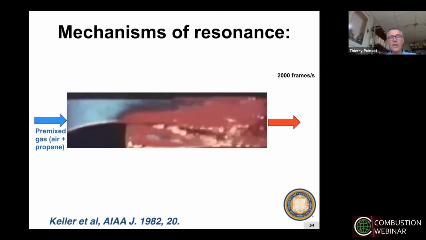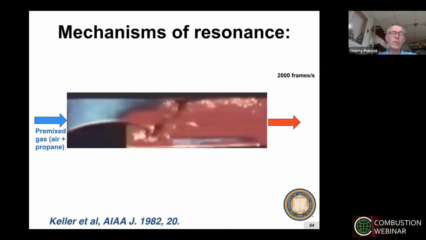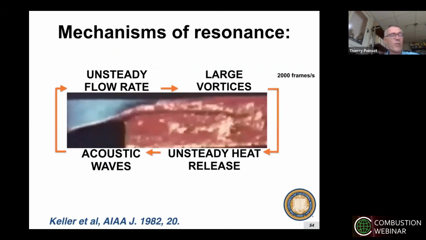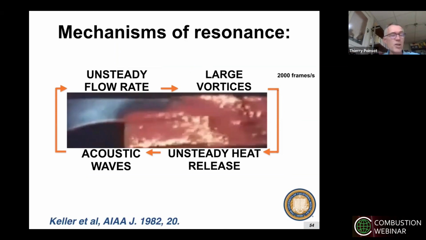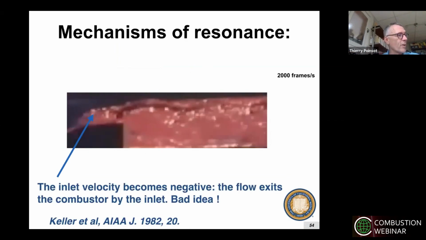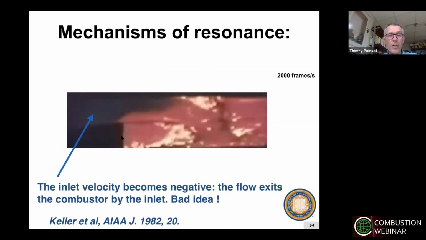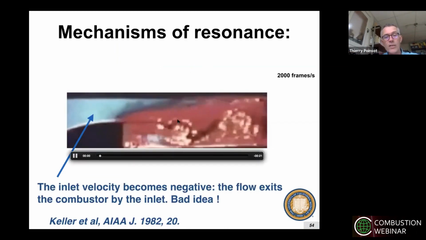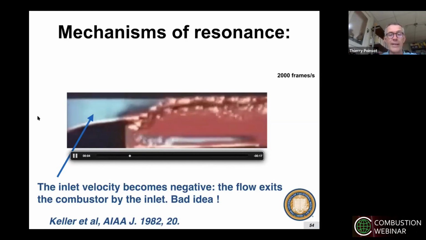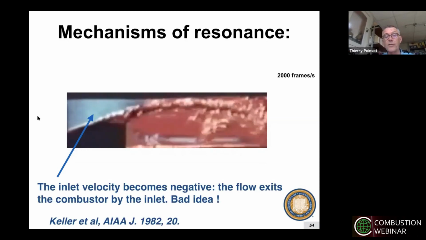We understand most of this stuff, and we know it's due to coupling between acoustic waves and flames. But basically, if you change the flame, you can enter into this kind of regime here where you see the flame oscillating a lot, even going to moments where the inlet velocity in a burner could become negative. So the burnt gases are leaving the burner by the inlet, which is, of course, a very bad idea. And all these things have to be avoided.